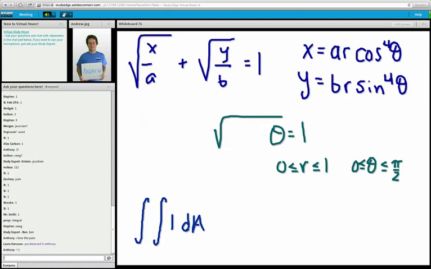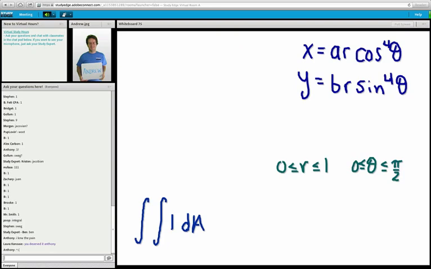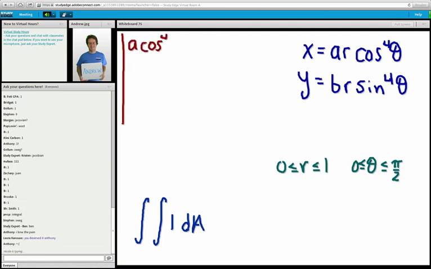Let's move this out of the way. The Jacobian for this, and this is where it's going to take up some room. What's the derivative of x with respect to r? That would be a cosine to the fourth theta. The derivative of y with respect to r would be b sine to the fourth theta.